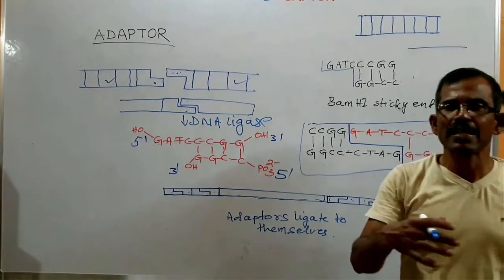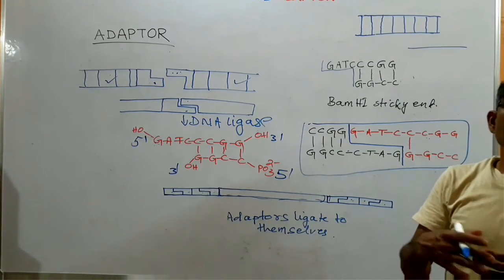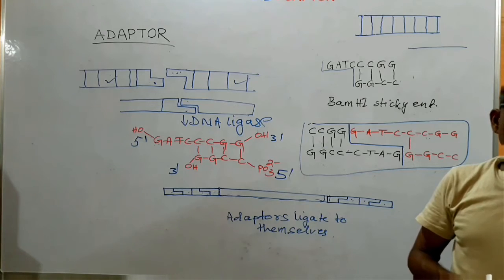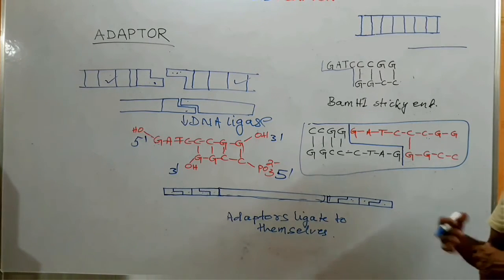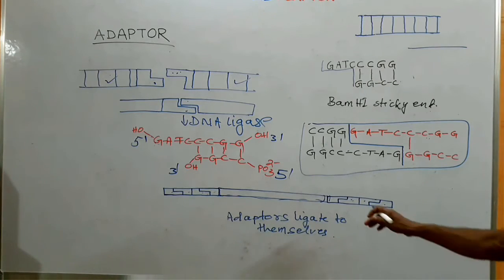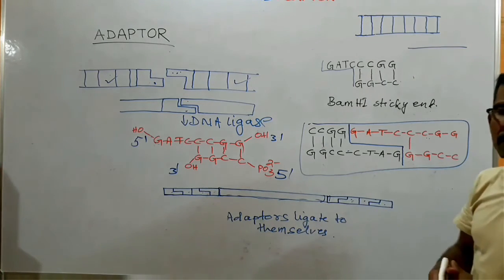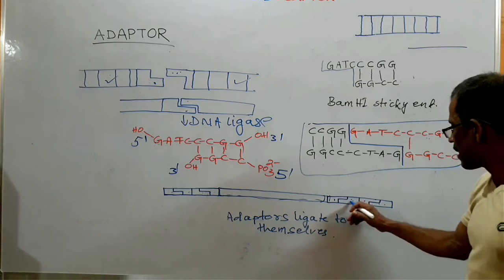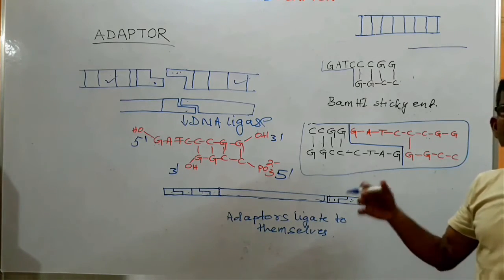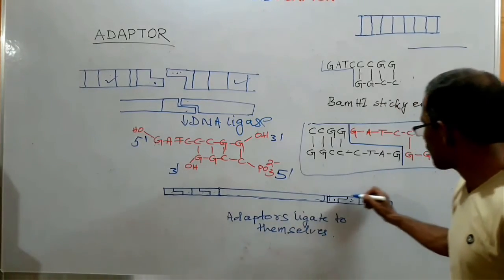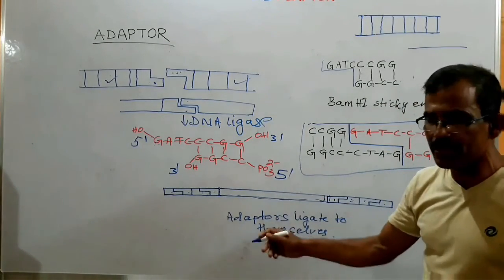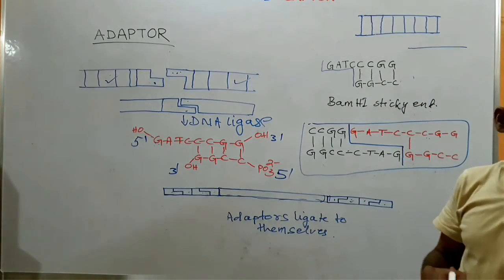So self-ligation between adapters would not occur. So by using the enzyme alkaline phosphatase, we can prevent the self-ligation of adapters. If the self-ligation of adapters occurs in the presence of enzyme ligase, ultimately the DNA fragment will remain blunt-ended. So it will not serve any purpose.